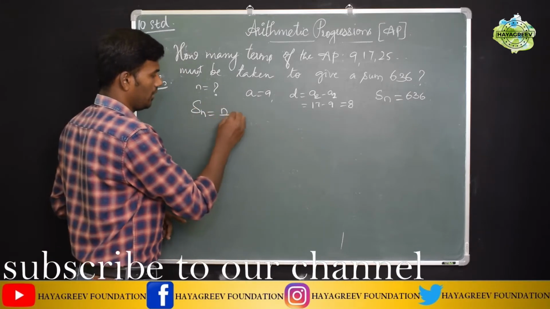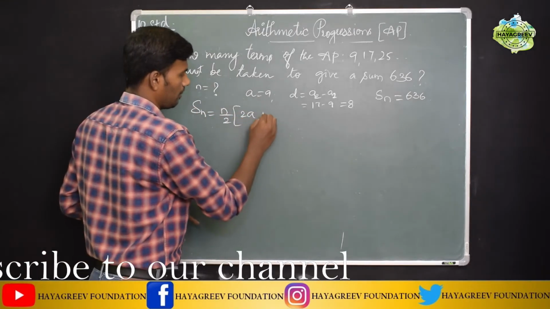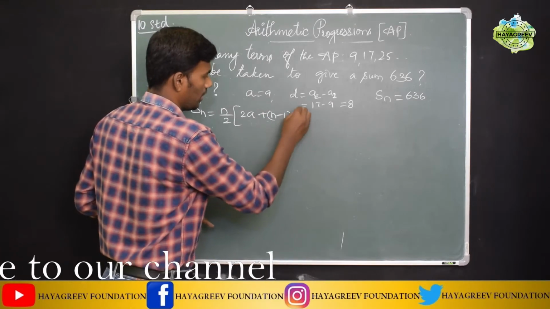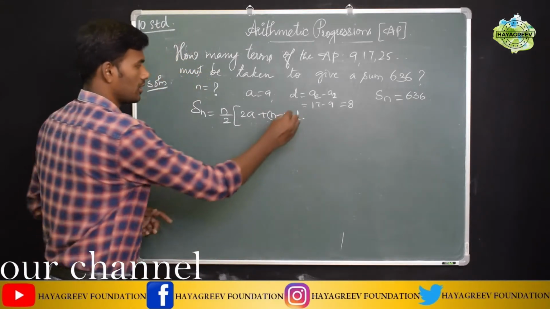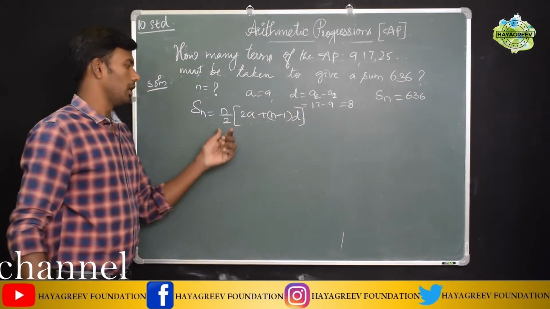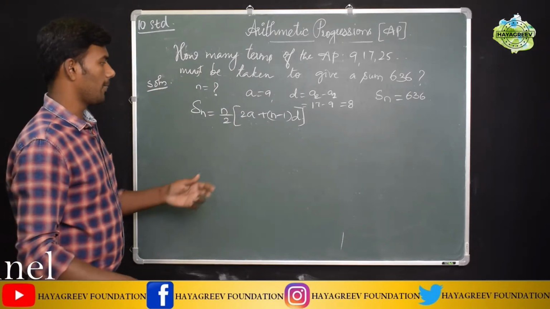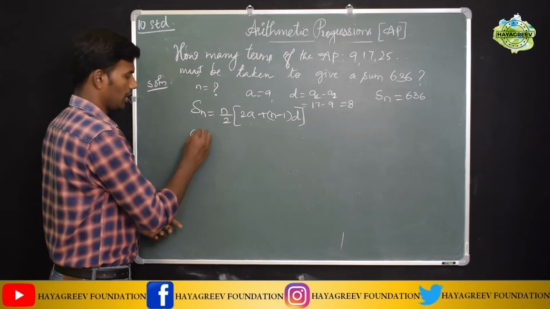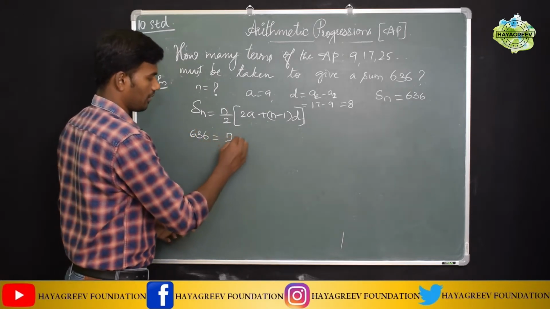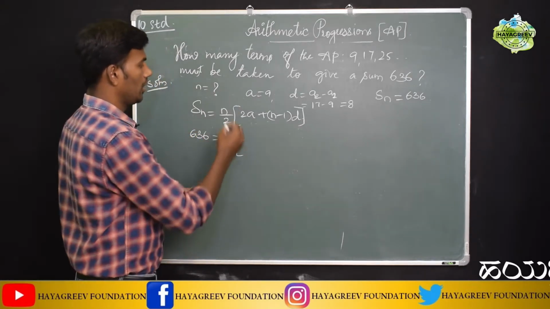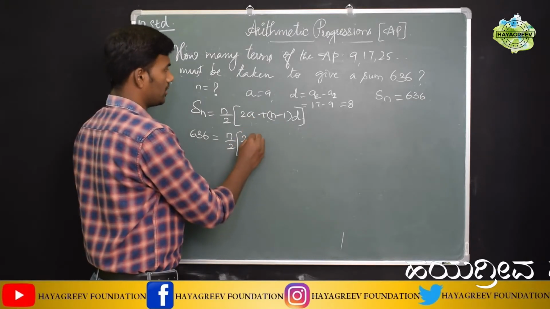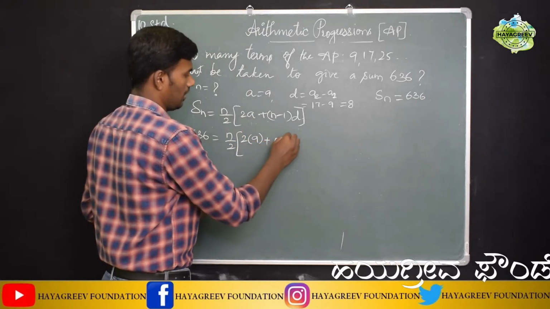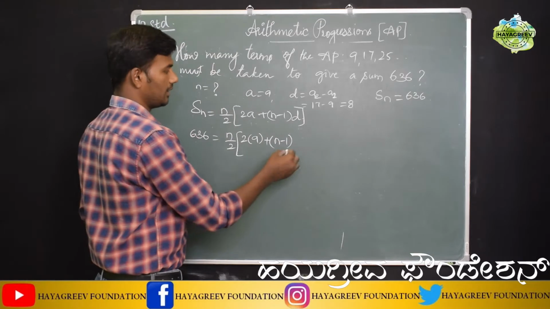Sn is equal to n by 2 into 2a plus n minus 1 into d. We have Sn is equal to 636, n by 2, 2 into a is 9, plus n minus 1 into d is 8.